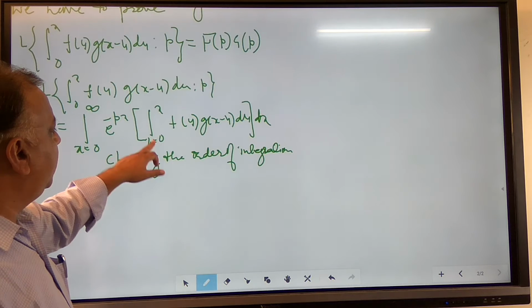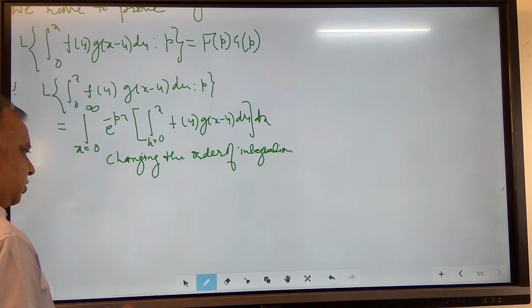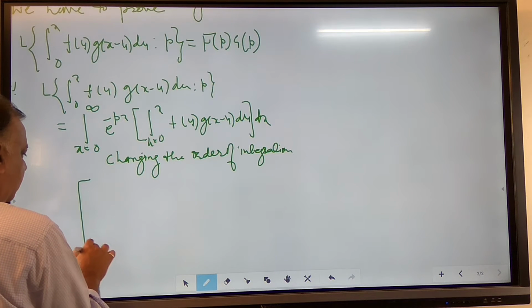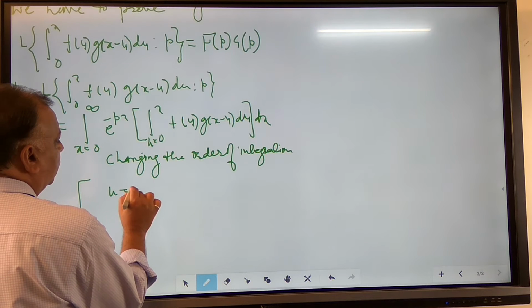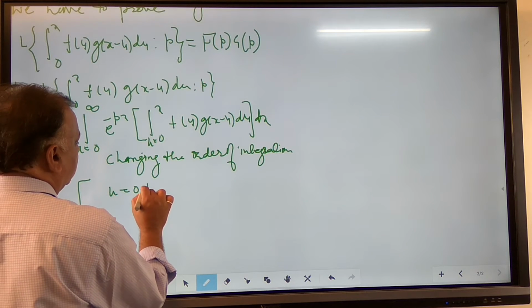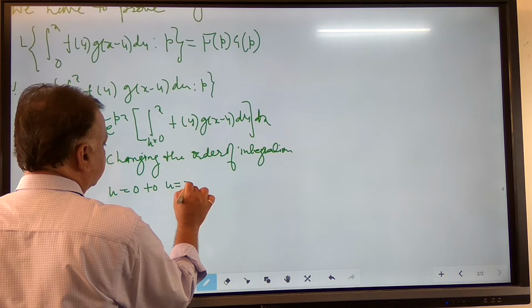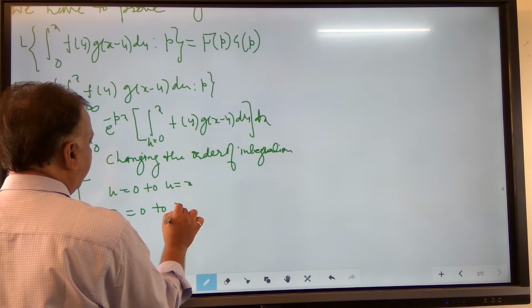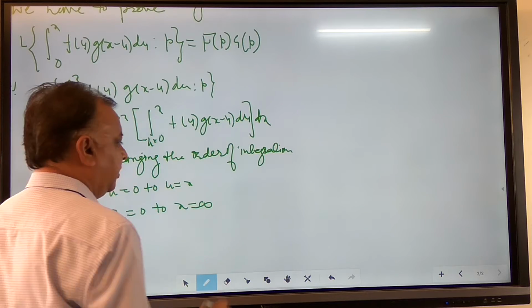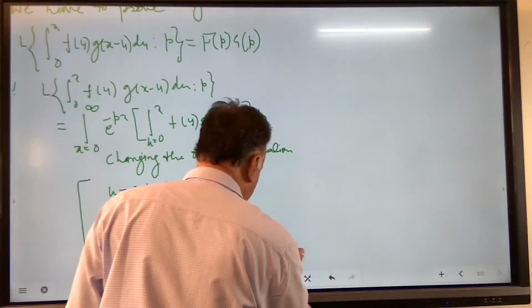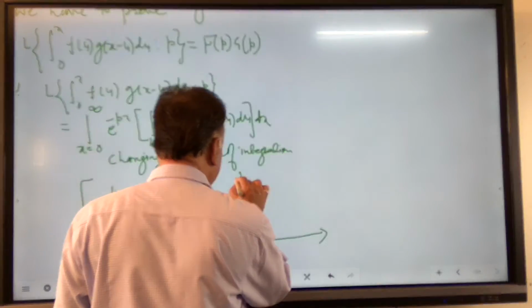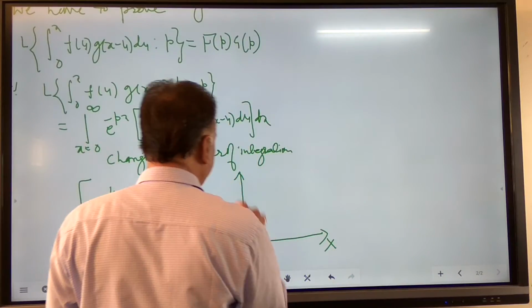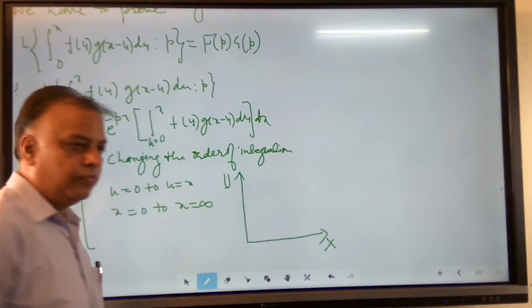Here the limits are from u to x, and x is equal to 0. The limits are from u equals 0 to u equals x, and x equals 0 to x equals infinity. If we change the order of integration, this is the axis of x and this is the axis of u.